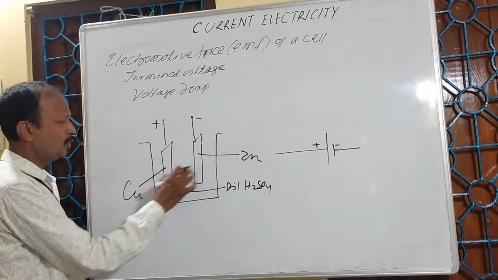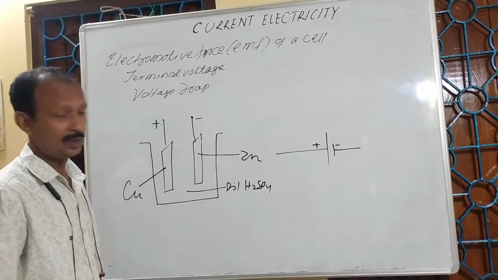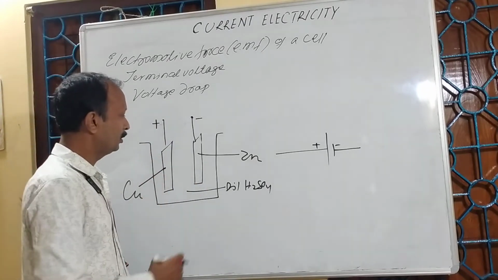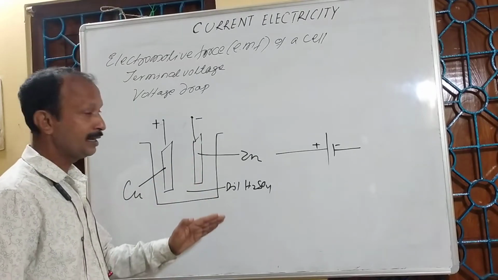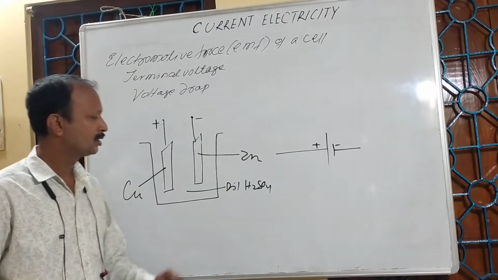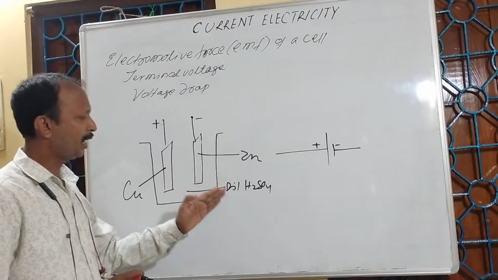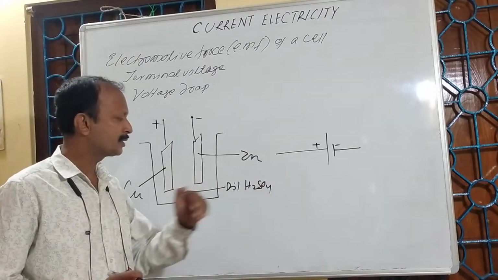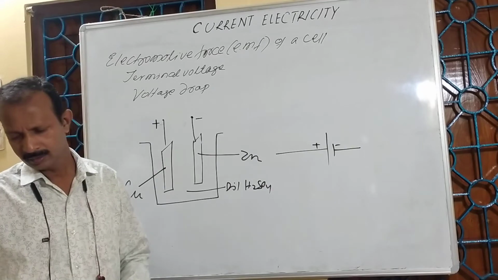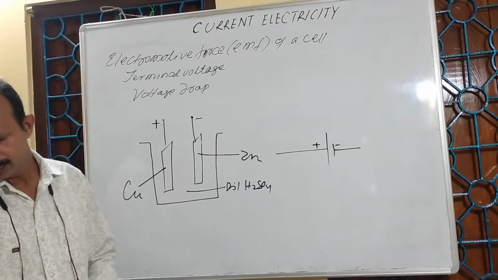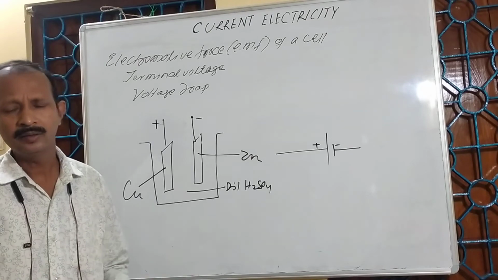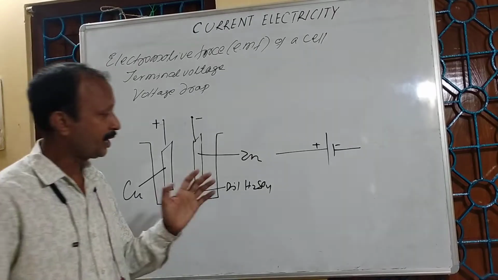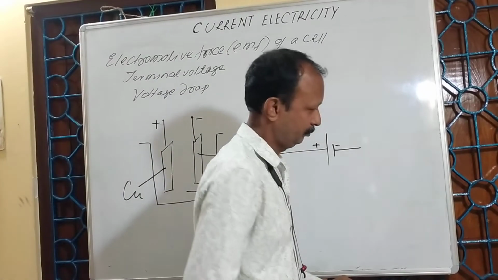One is made of copper, one is made of zinc. Inside this cell, there is an electrolyte. Suppose I have taken dilute sulfuric acid, or you can take other chemicals also, no matter. For example, I have taken dilute sulfuric acid.